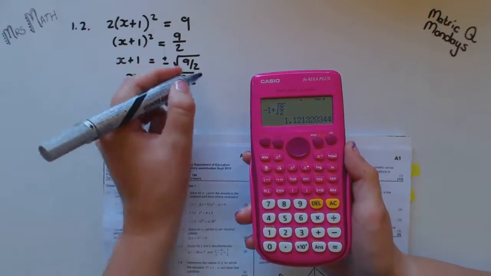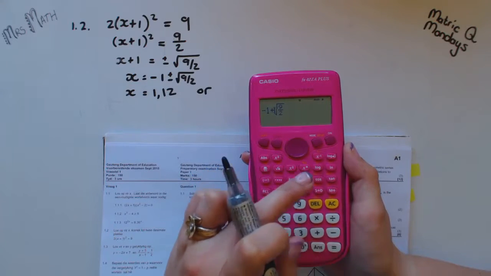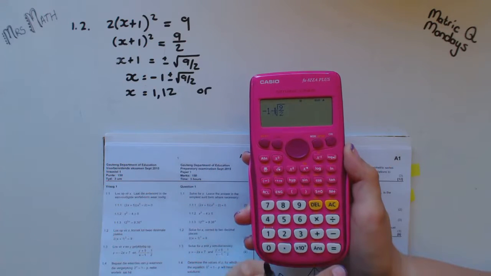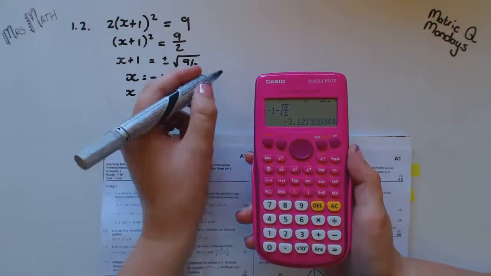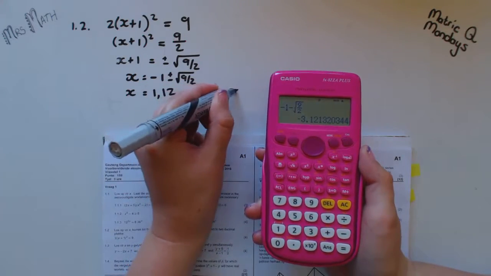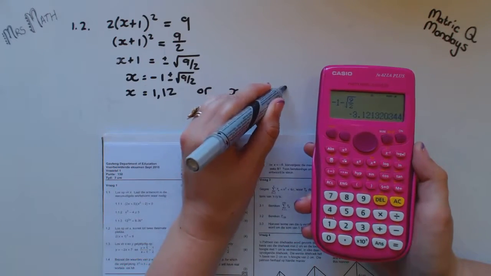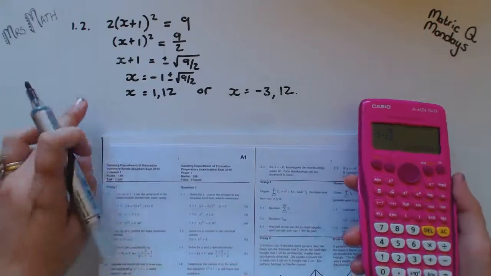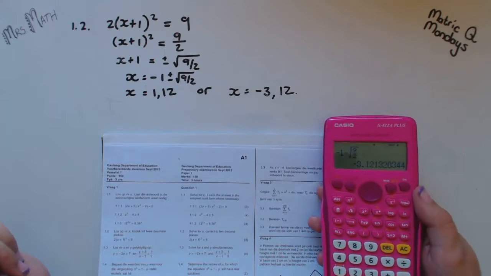And then secondly, I'm going to just do the one with the minus. You can actually just use the arrows, go to the plus, delete it, and then just put a minus in. Again, I'm just going to press the SD button so that I have minus 3.12. Right, and there I solved for x to 2 decimal places.